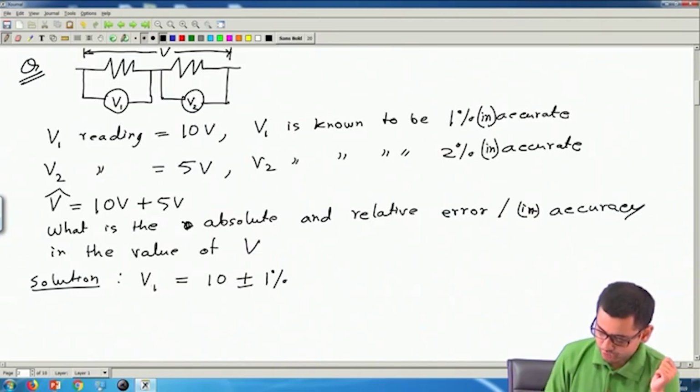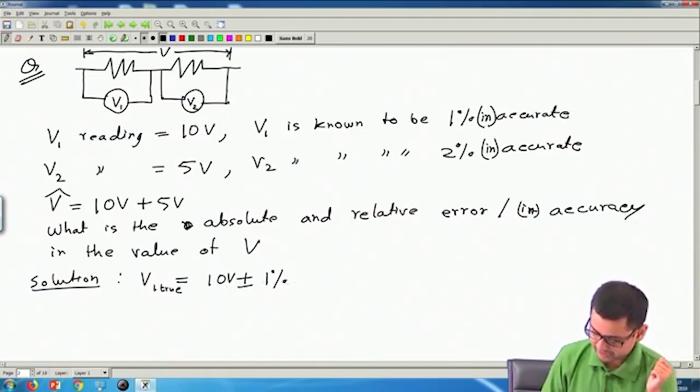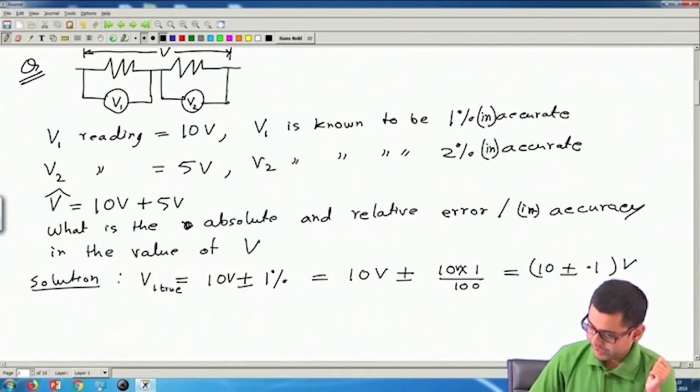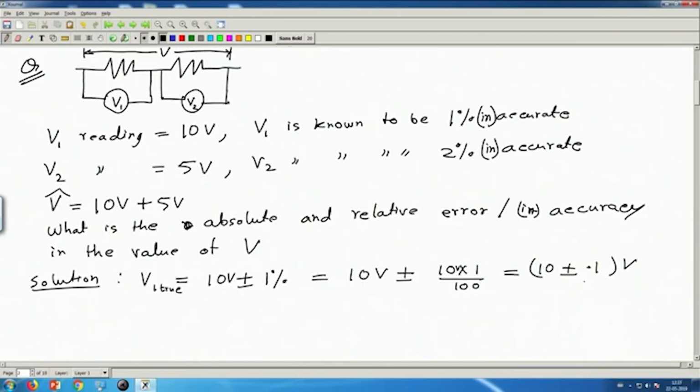I have meant the true value of V1. So let me write it, V1 true is 10 volt plus minus 1%, which is the same as 10 volt plus or minus 10 into 1 by 100 volt. Okay, so this will be 10 plus minus 0.1 volt. So this can be either 10.1 or 9.9.